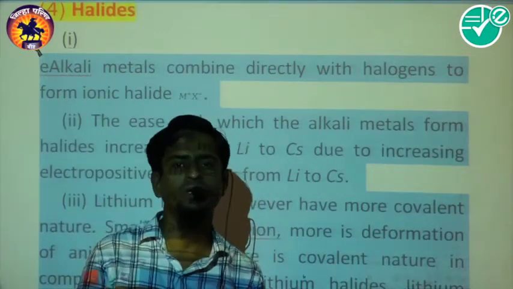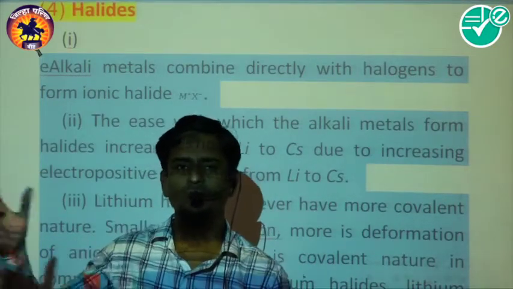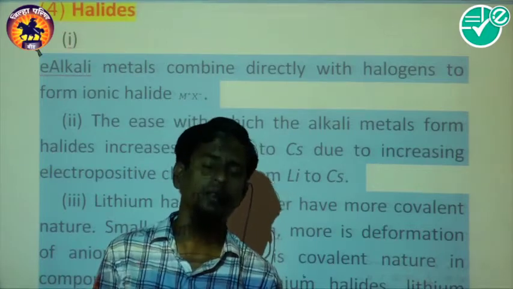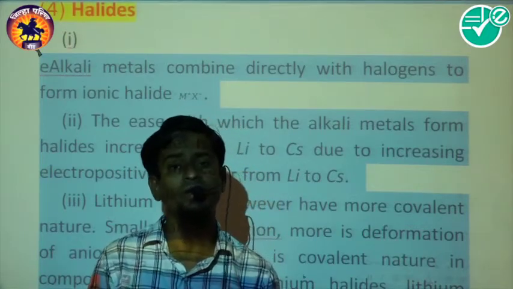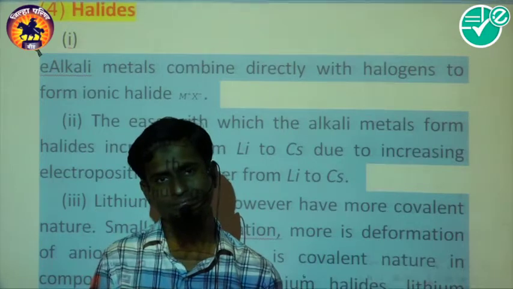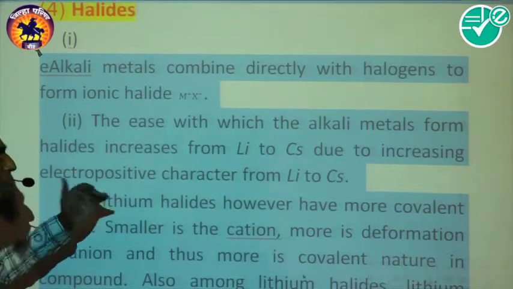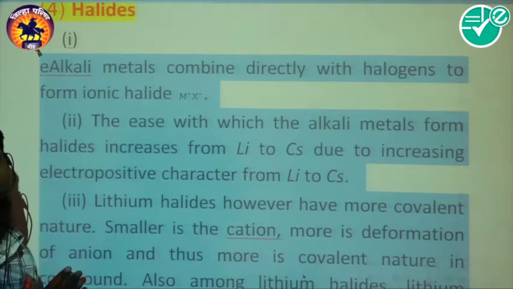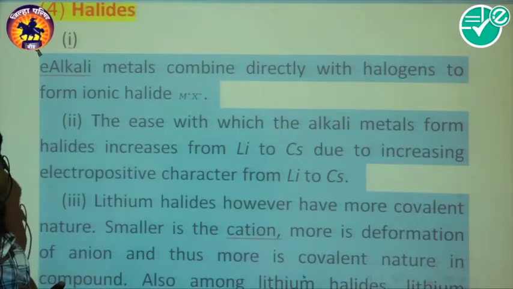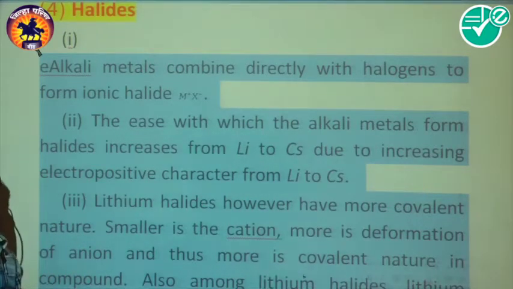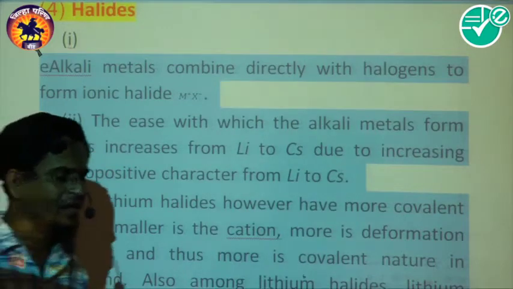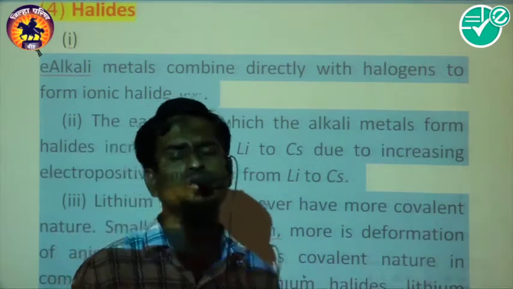From 8th class you have been studying that sodium reacts with chlorine to form NaCl, a stable salt. But what we have to remember for our NEET exam is important: all alkali metals combine with halogens to form respective salts.